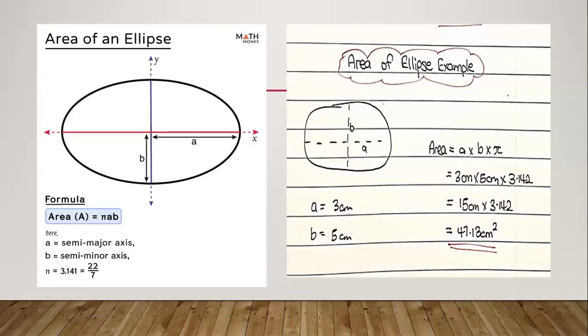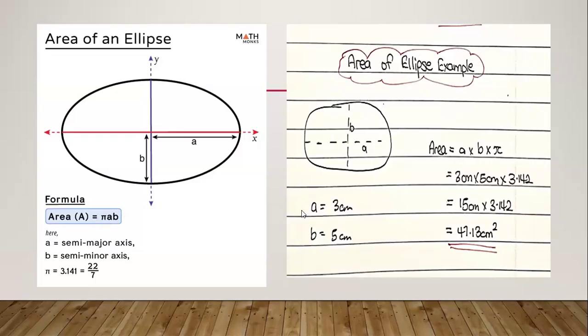So the perimeter, as Miss did just now, we are using a formula. With the area of the ellipse, we have our major axis and our minor axis, A being our major axis, which is here, and B being the minor axis. Now the formula that we're using is pi AB.